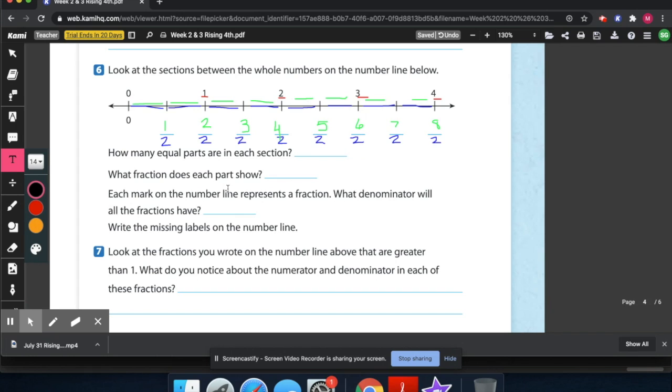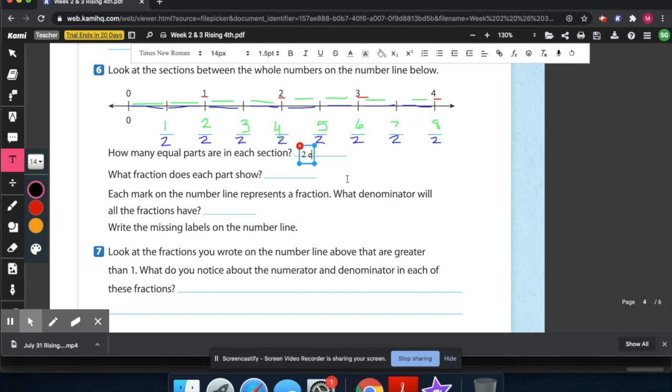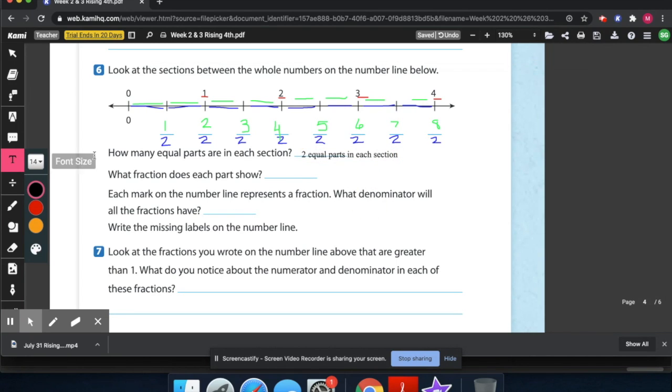Now I'm going to look at my questions. How many equal parts are in each section? We've already figured this out because we know in each section we had to count. So from 0 to 1, 1 to 2, 2 to 3, and 3 to 4. And we found that there are 2 equal parts in each section, which is also known as our denominator.